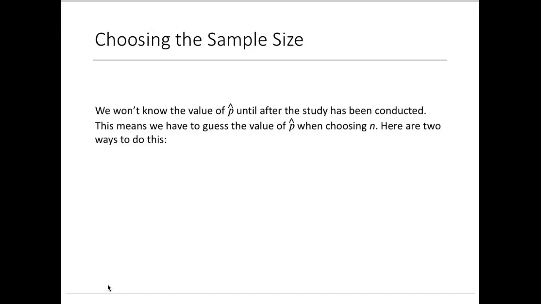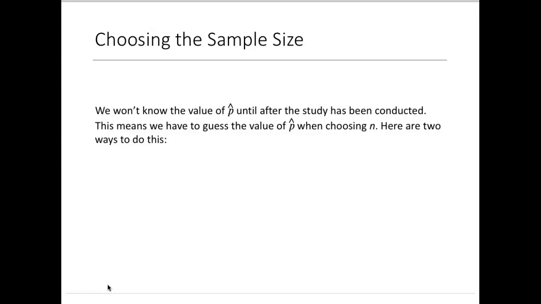Here's the problem with this. We're doing this before we conduct the study, so we likely won't have a value for p hat until after the study. This means we'll have to guess the value of p hat when choosing n, and there are two ways to do this. Number one, just like TV shows, sometimes studies have pilots. They're like, oh, okay, we don't know if we want to full-on finance an entire study.